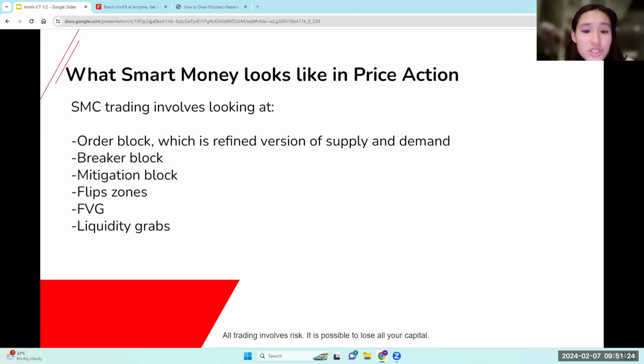This is what is traditionally called your support and resistance flip zones. And then your FVGs, which are imbalances in the market, so when demand outpaces supply or vice versa. And then lastly, your liquidity grabs, which we went through before, are basically the areas in which there is a support level or a resistance level.